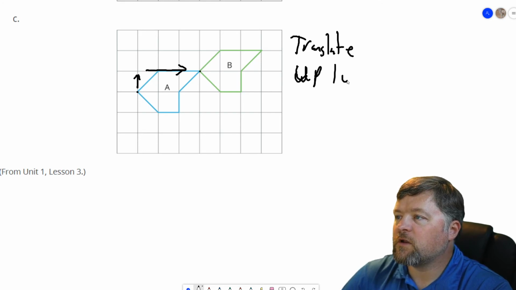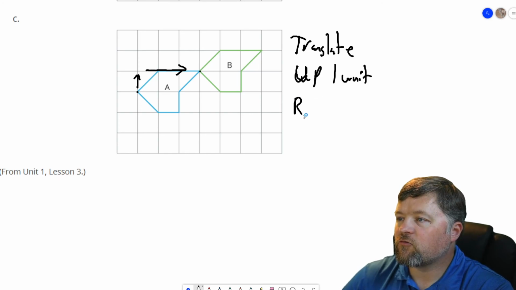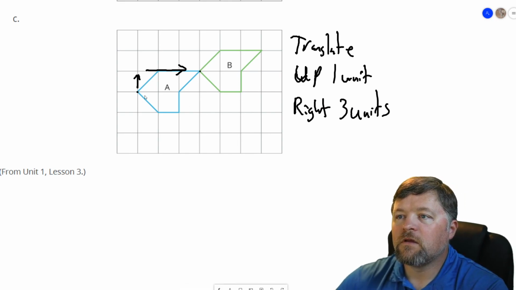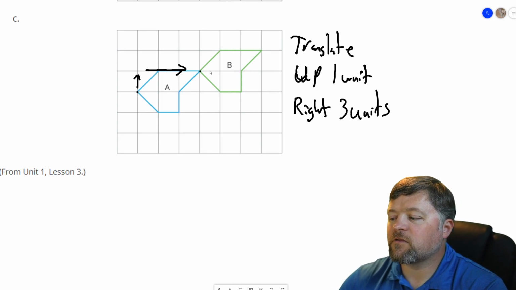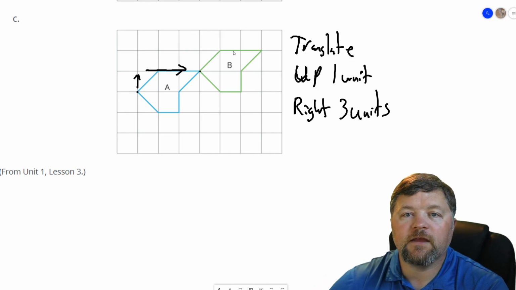Up 1 unit, and right 3 units. Up 1 unit, right 3 units, and that will translate figure A onto figure B.